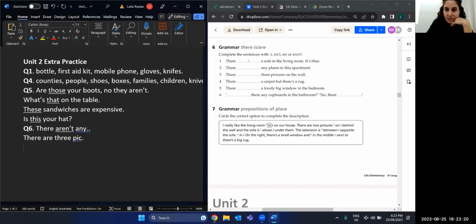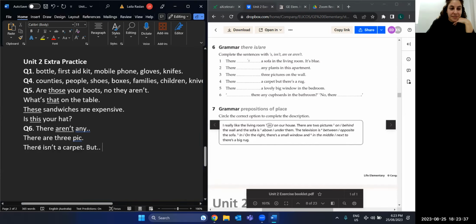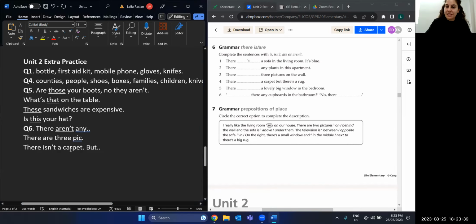So there isn't a carpet, but there's a rug. So be careful, number 4. Not there is a carpet, but that doesn't make sense. There isn't a carpet, but we're showing another option, but there is a rug. Number 5, there's a lovely big window, yeah. And there's an adjective. Lovely is an adjective. Window is a noun. Big is an adjective.